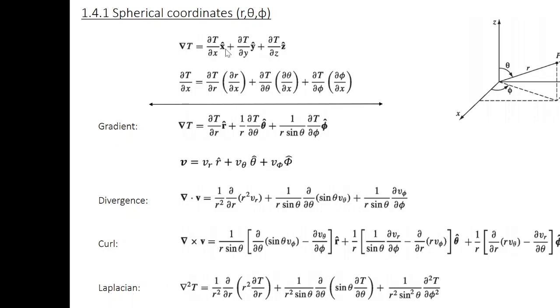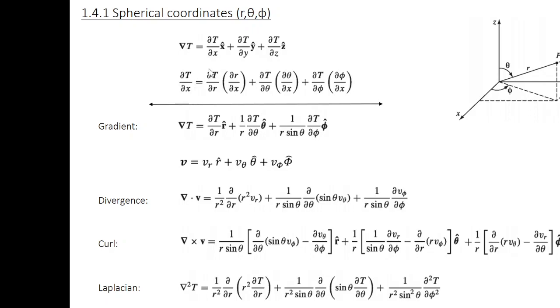Okay, let's start with the gradient. If you remember the Cartesian coordinate system, for a scalar function t, gradient of t is defined as dou t by dou x x cap plus dou t by dou y y cap plus dou t by dou z z cap. Now take the first term dou t by dou x.